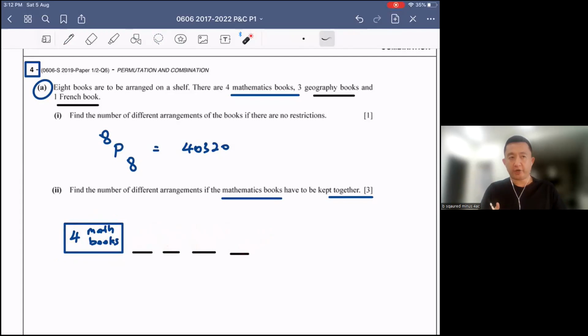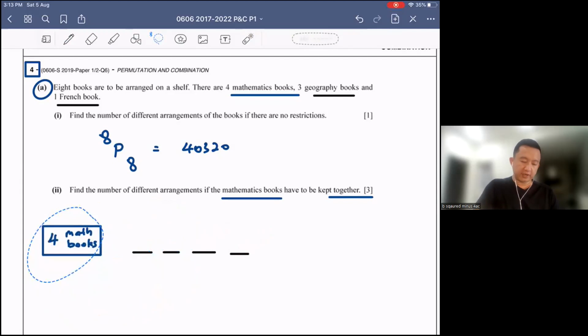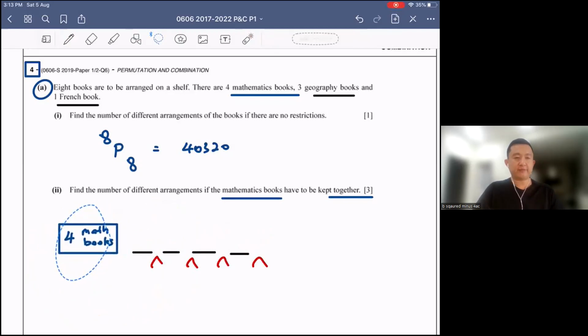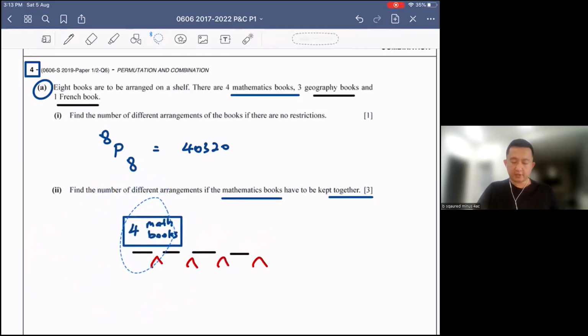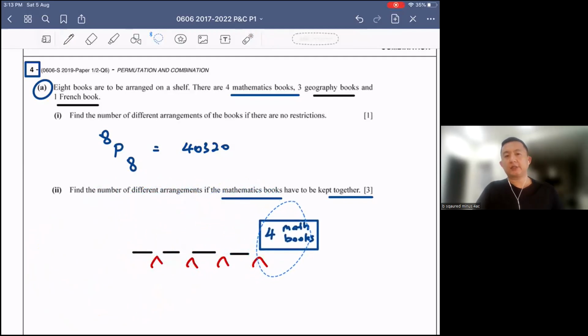But this is not the only arrangement. Am I right? You can actually place the 4 math books in between here or here or here or here. Am I right? You can place the 4 math books at the top left, and after that, it could be in between here, in between here, in between here, or it could be the last slot.